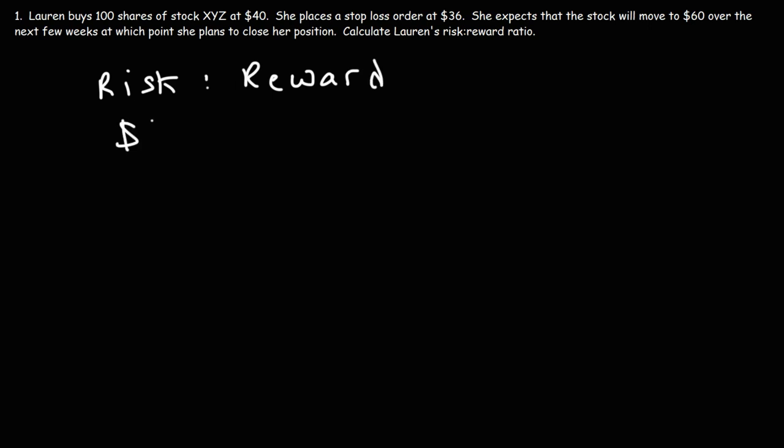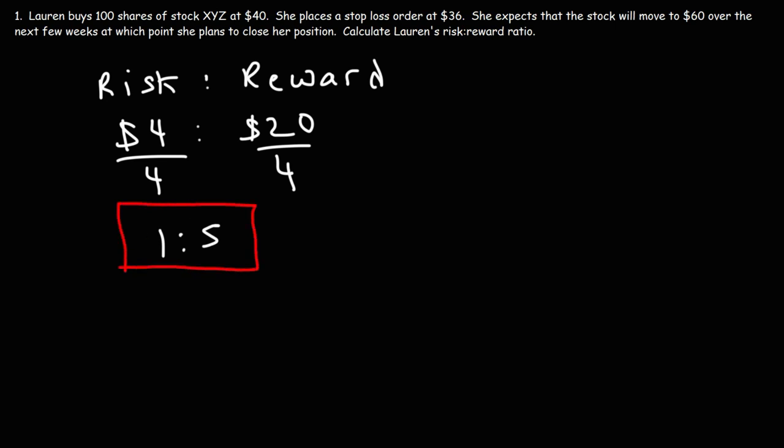That's the amount of money she's risking per share. Now the most that she can gain per share, if she buys it at 40 and sells it at 60, is a gain of 20. So her reward is 20. Dividing both numbers by 4, you can also get a risk-reward ratio of 1 to 5 if you look at it on a per share basis. So those are two ways in which you can calculate Lauren's risk-reward ratio.